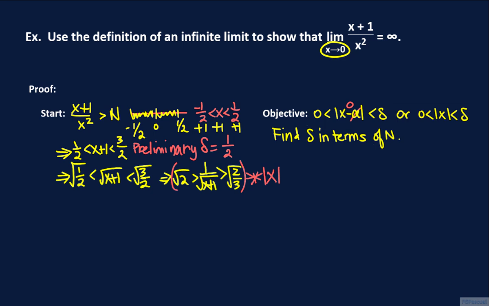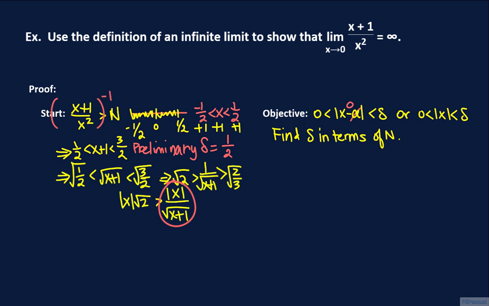Since everything is staying positive, the left part of the inequality gives us the absolute value of x times the square root of 2 is greater than the absolute value of x divided by the square root of x plus 1. Observe that the absolute value of x divided by the square root of x plus 1 is the same as the reciprocal of the square root of the left part of the original N inequality.